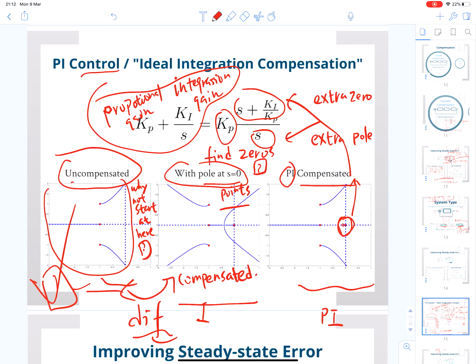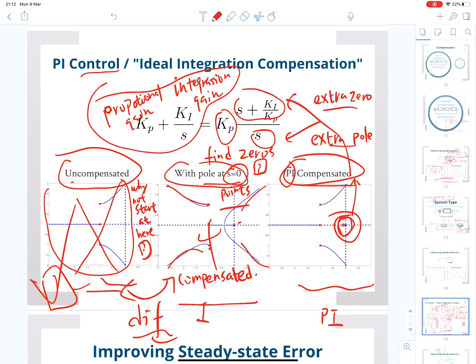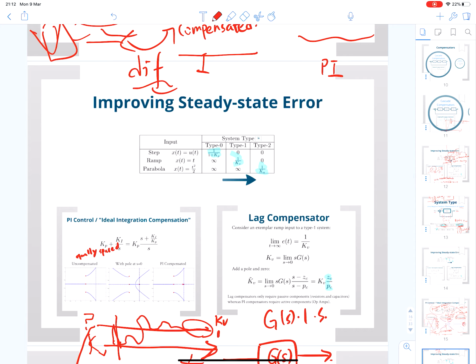With the pole at s equals 0, which means there are going to be 4 poles, it dramatically changes the shape of that. What is PI compensated? We are going to add a pole and a zero at the same time, so it's great. So nothing changed, okay?